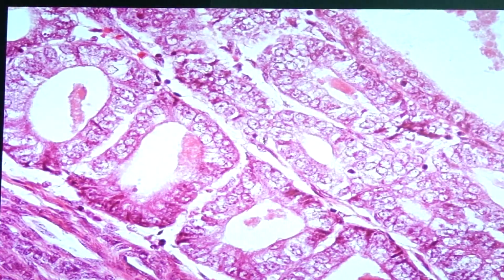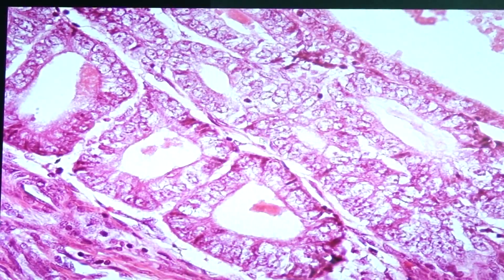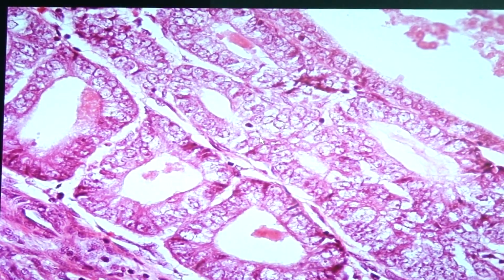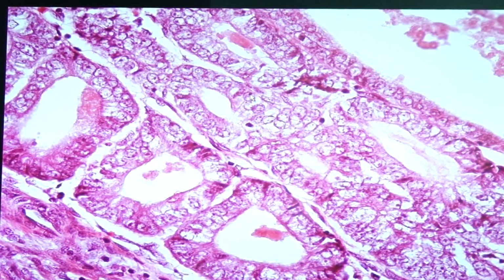So we look into the glands. The glands are seen to be very close to each other with no intervening stroma in between them, like this one. The cells are known to have round nuclei, open chromatin or vesicular nuclei, and then conspicuous or prominent nucleolus.